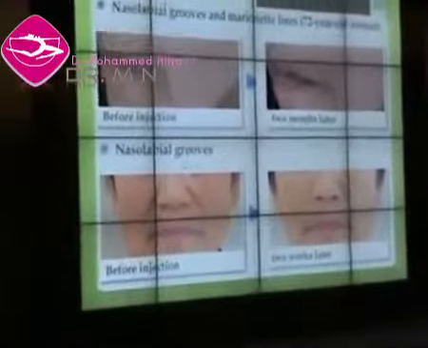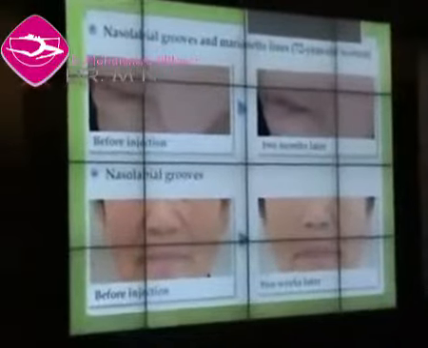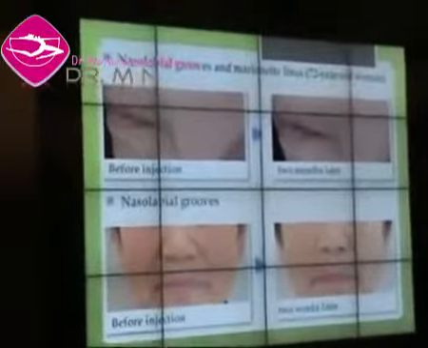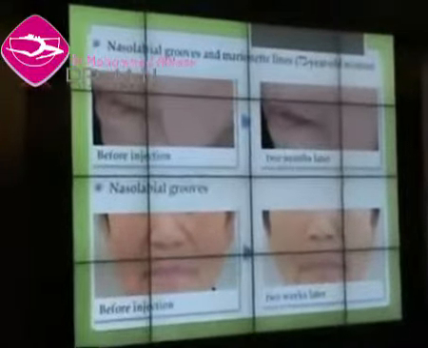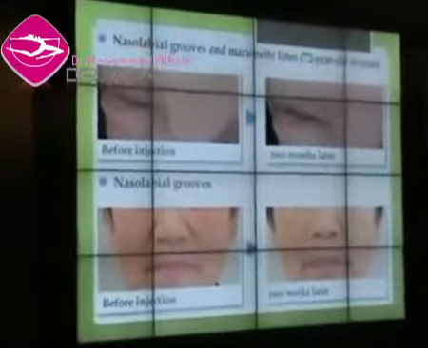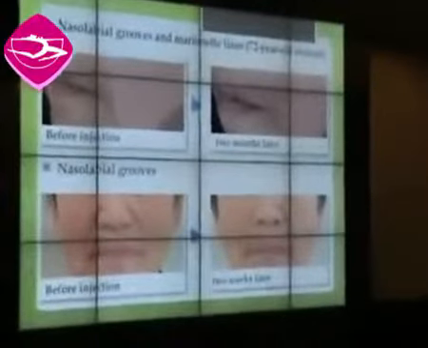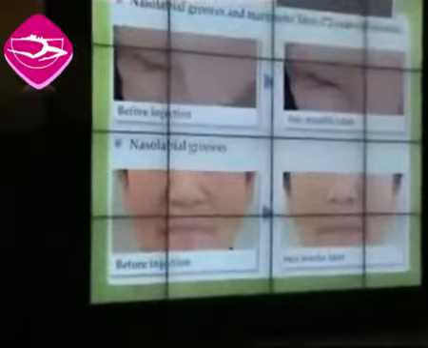In the nasolabial groove, you can see just before injection the marked lines, and 2 weeks later, it's almost like a filler, like using hyaluronic acid or any other calcium hydroxide type filler. Did you do this combination of fat and plasma, or only plasma? This patient, it's only plasma.